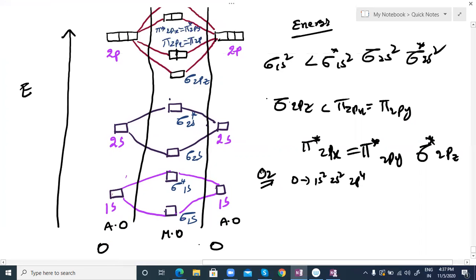So I am writing here 1s2, 2 electrons, 2s2, again 2 electrons, 2p4, you can write here 4 electrons. Similarly, for the other oxygen atom also, here also 2 electrons.